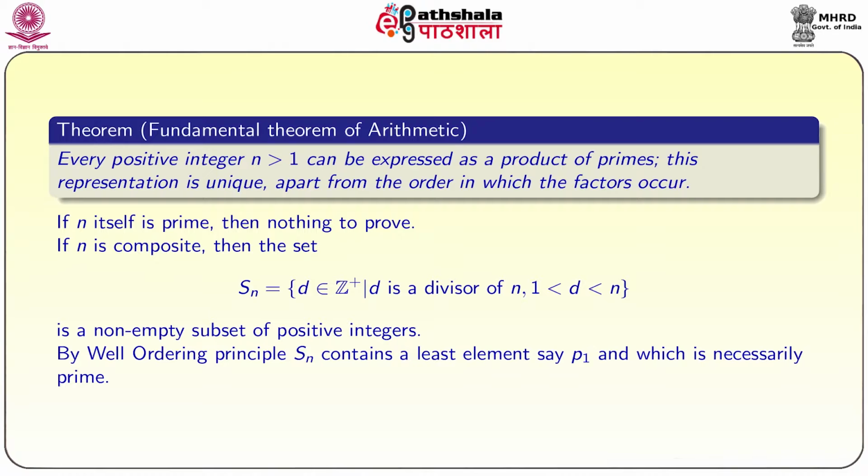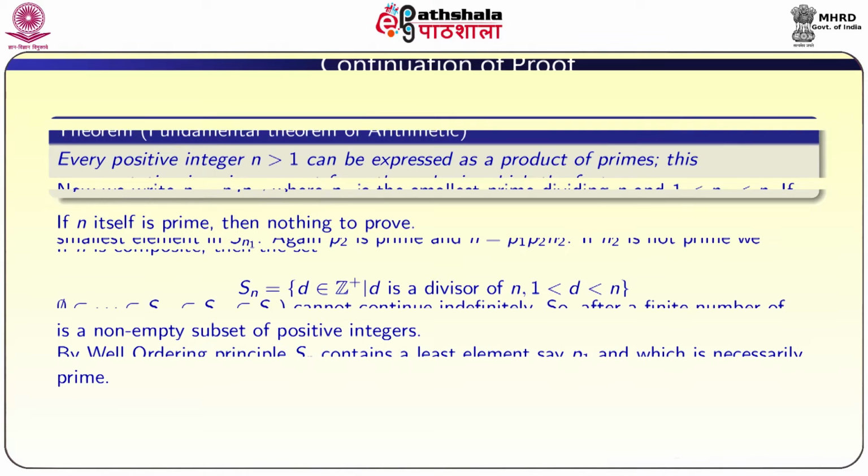So at least it has one divisor which lies strictly between 1 and P1. That also divides n, so we have produced another integer which is less than P1 and divides n. This is a contradiction to the minimality of P1. That is the reason P1 has to be prime. So the well ordering principle provides us a least element which is itself a prime number.